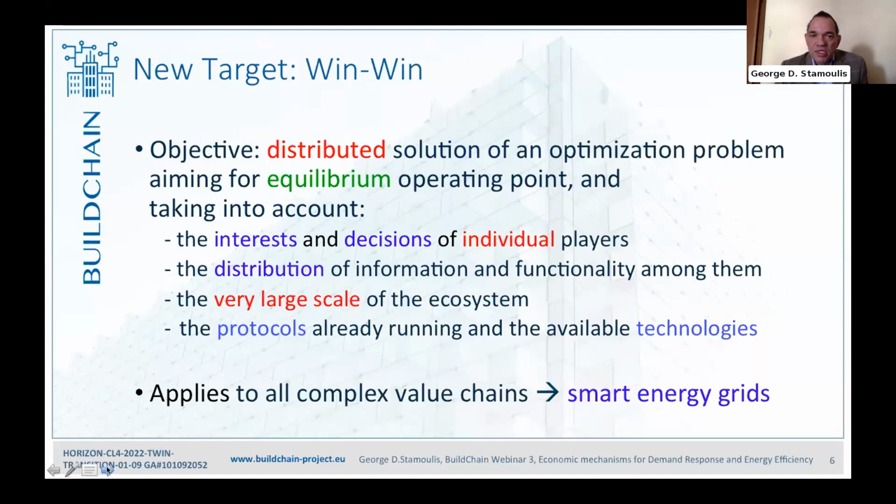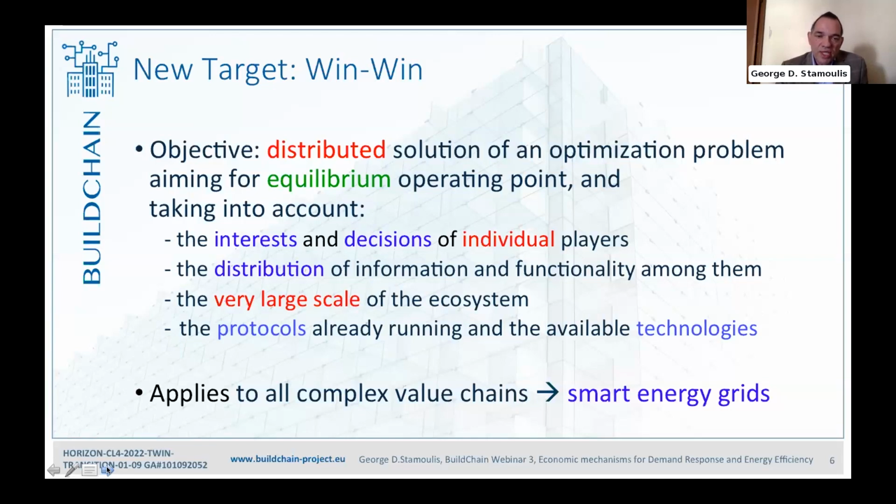That is, solve the optimization problem in a distributed way, and reach an equilibrium operating point where everybody will be happy, and take into account the decisions and the interests of each individual player, who of course will be pursuing its own interests, the distribution of information and functionality among them, the protocols and the technologies already established, and also, in certain cases, the very large scale of the ecosystem.